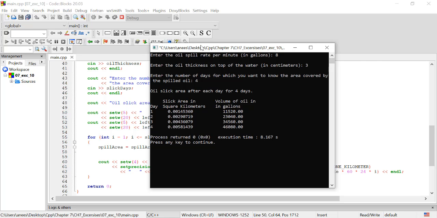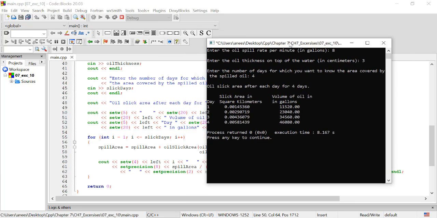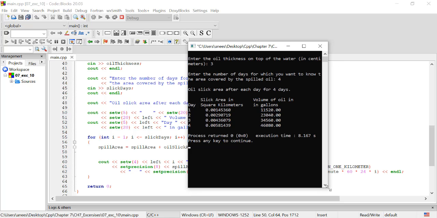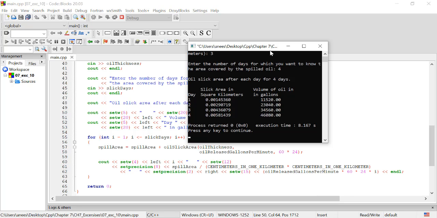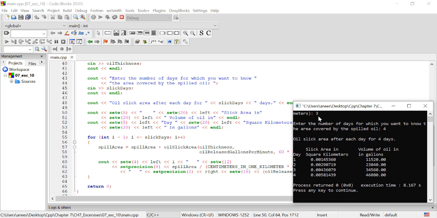So this is what I'm talking about. So we have right here, we have the oil slick for 4 days, right?